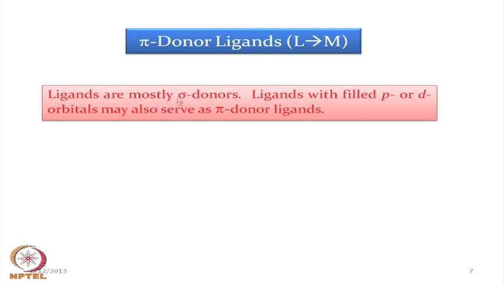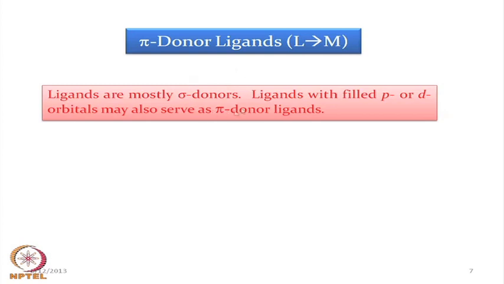When only the sigma electron density is utilized, in most cases, if the electron density is available from the water molecule or ammonia molecule, they are basically initially the non-bonding electrons.